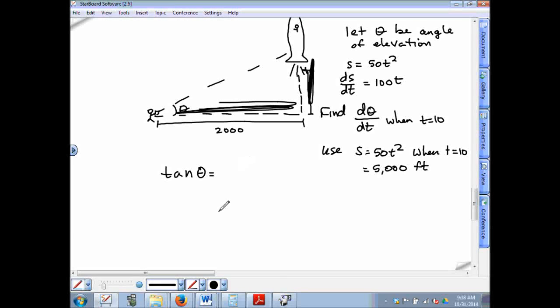So, what variable do we want to call this? We could call it h for height. Now, at 10 seconds we know the height, but in general we really don't know. So the tangent of theta is equal to h over 2,000. That'll allow us to find the angle of elevation at any height, at any given time t.